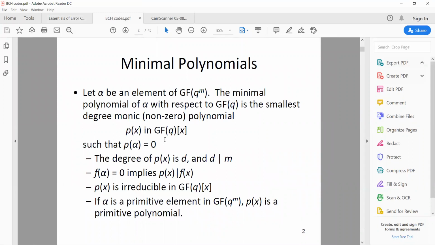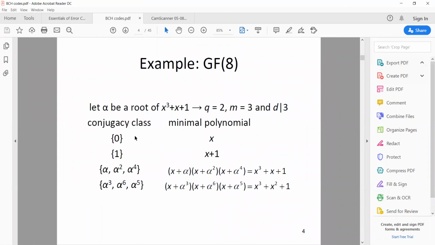So first of all, from the previous lecture, I've told you that any polynomial equation does possess its roots, and here it is written conjugacy class and the minimal polynomials.